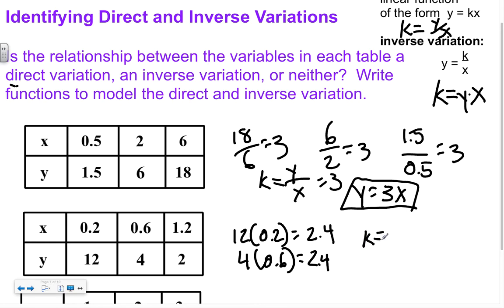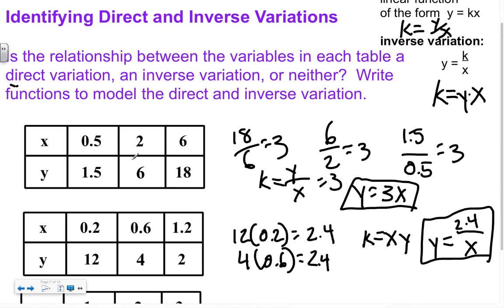So therefore we got k when we multiplied x and y, therefore it will satisfy our inverse variation, and therefore we'll get y is equal to 2.4 over x. And that is our function that models this inverse variation.